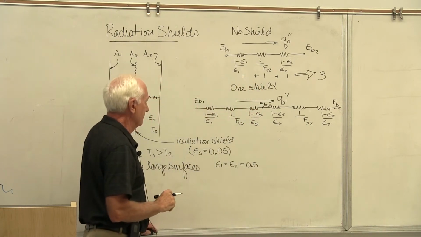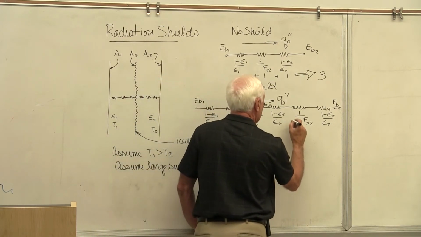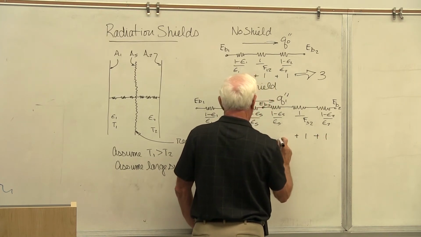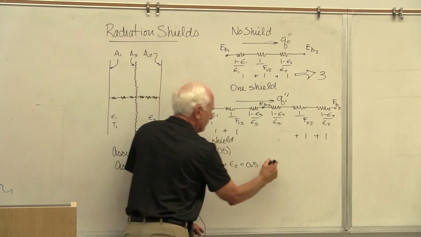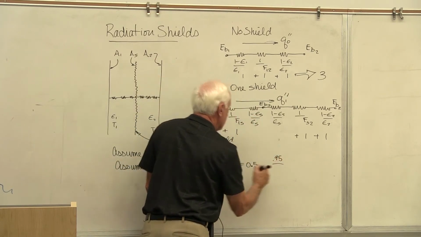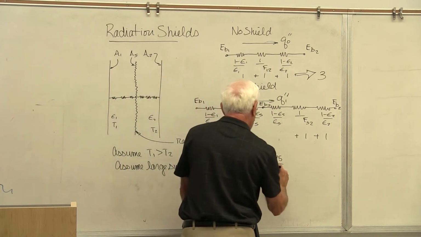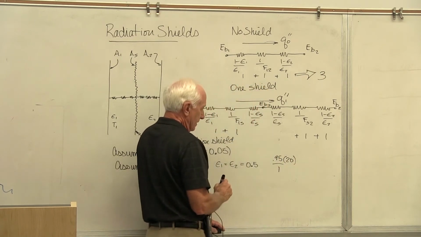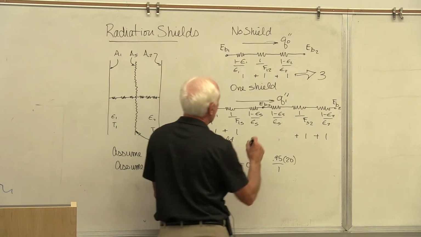There they are. 1 plus 1 plus 1 plus 1. 1 minus 0.5, 0.95, divided by my 0.05, that's 19. Ten times 9.5, 0.95, 9.5, times 2, 18 plus 1 is 19.